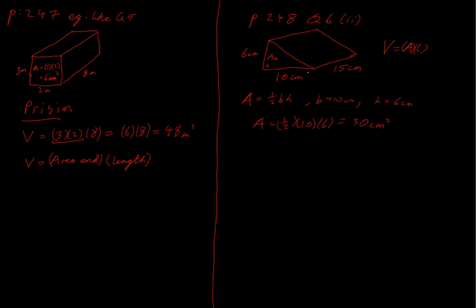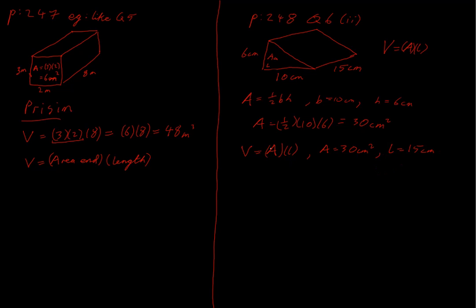I now have the area I want for the end of my surface. If I multiply that by the length of my prism or of my block, I end up getting the volume that I'm looking for. So then the volume is equal to area multiplied by the length, and we've seen where that comes from. And I have my area as 30 centimeters squared, and my length is given to me in the picture as 15 centimeters.